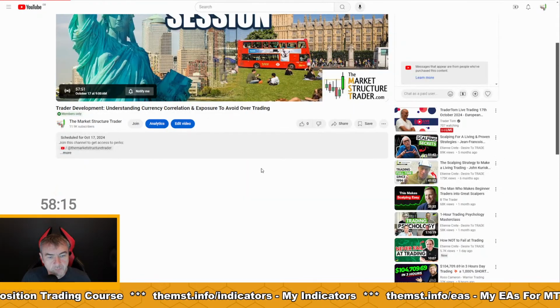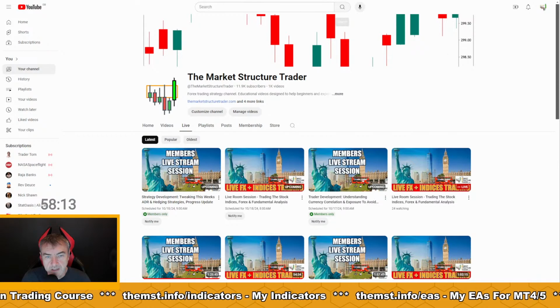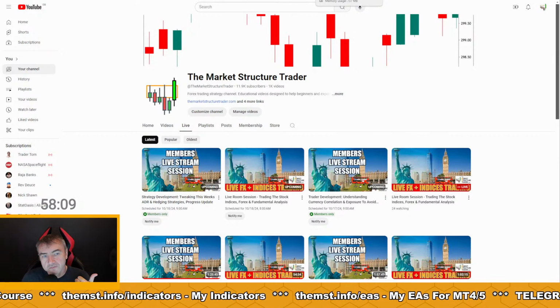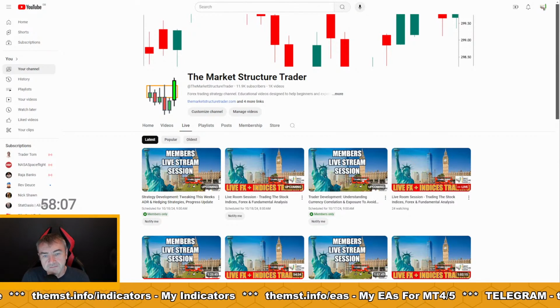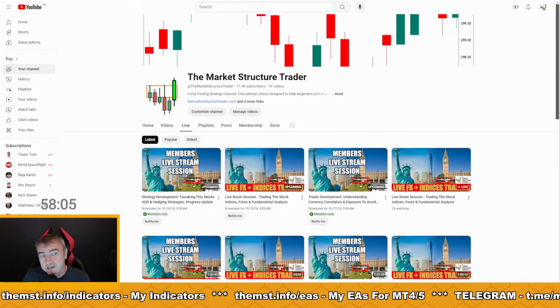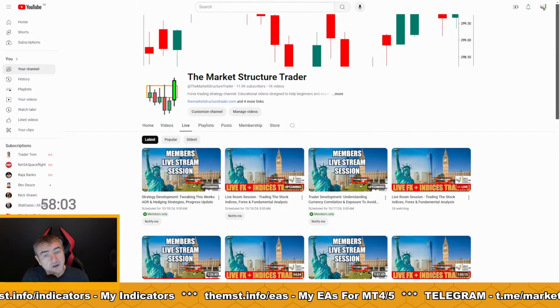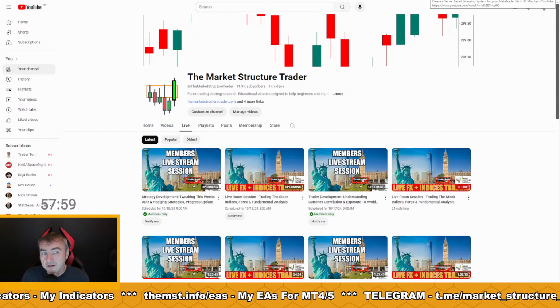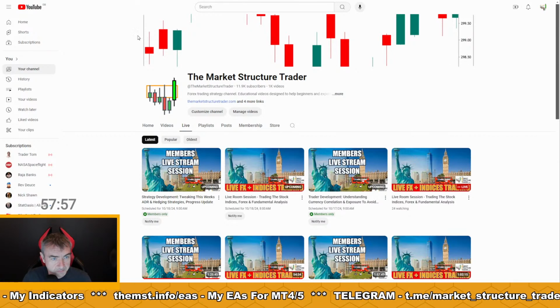We're going to go through what currency exposure is, what correlation is, how correlation affects the markets, where you can find correlation charts to make sure you're not overexposing, what causes correlation, what commodity pairs are, all that sort of stuff, how everything relates to each other, basically.